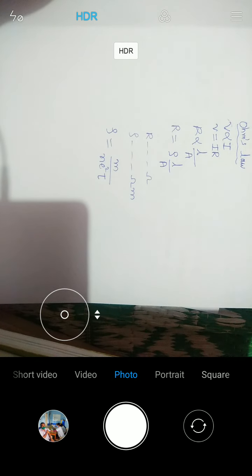R is directly proportional to L by A, and R is equal to rho L by A, where rho is the resistivity. The SI unit of R is ohm and the SI unit of resistivity is ohm meter, and the equation for resistivity is m divided by n e square tau. That was discussed in the previous video also.